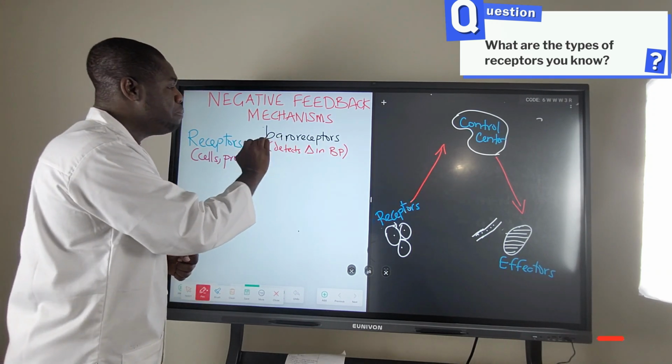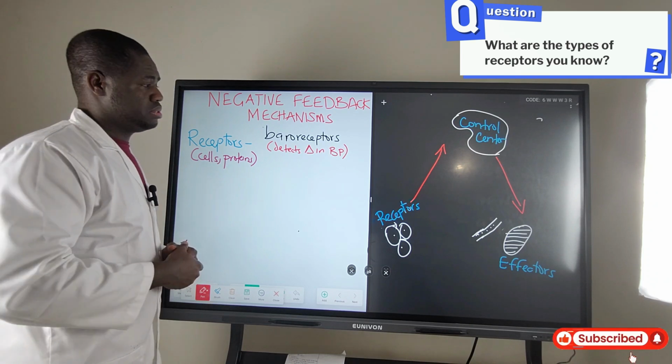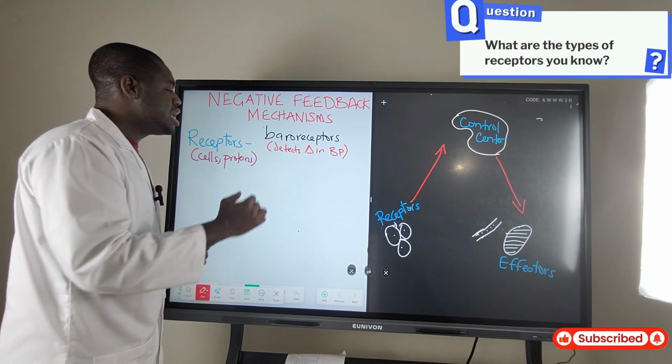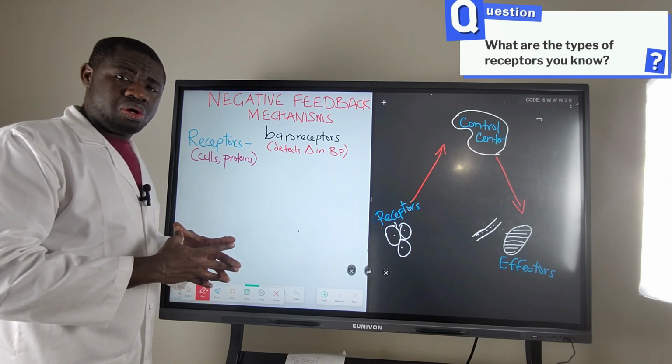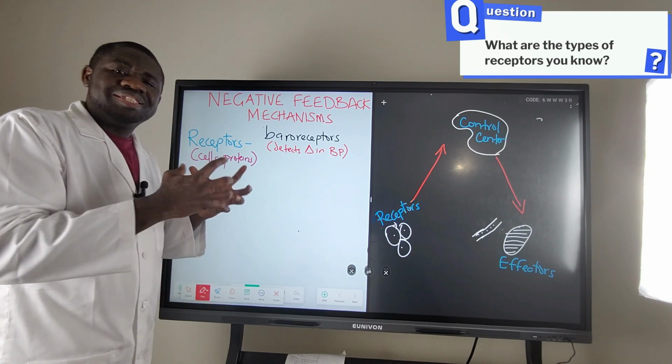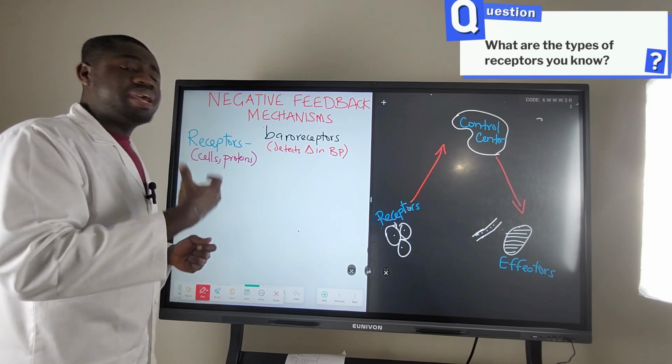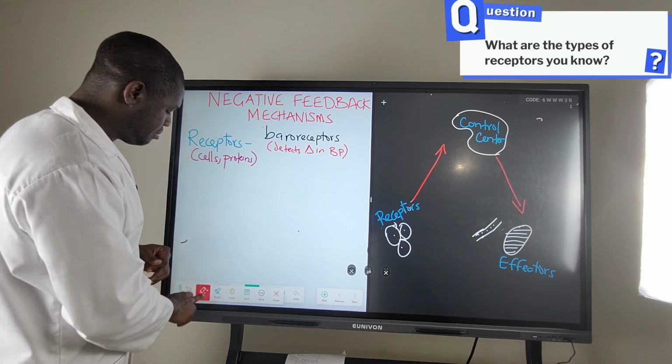Baro means pressure. So baroreceptors are specialized cells or proteins that detect changes in the blood pressure.